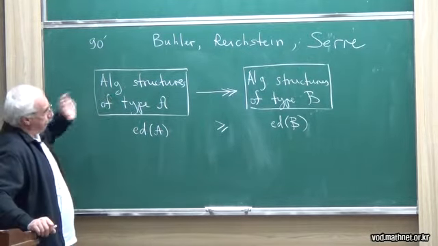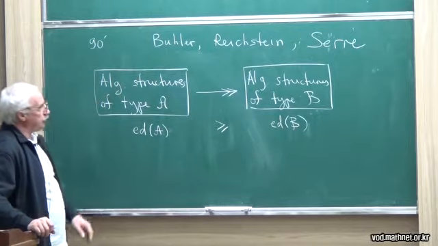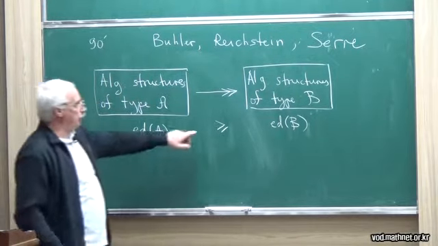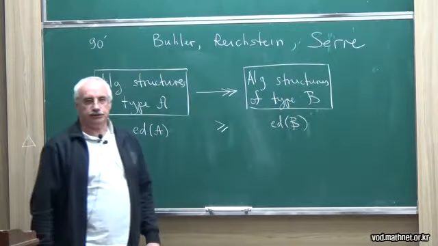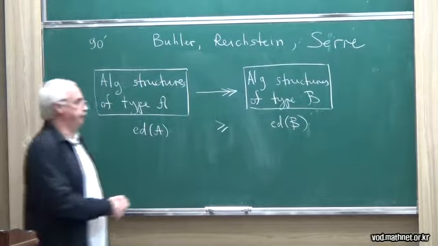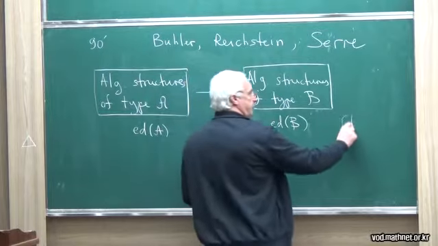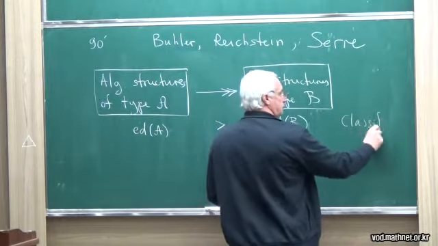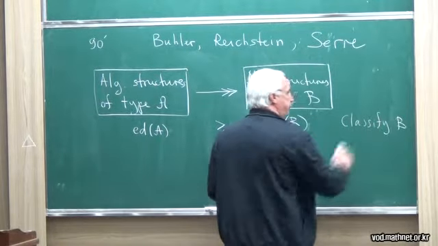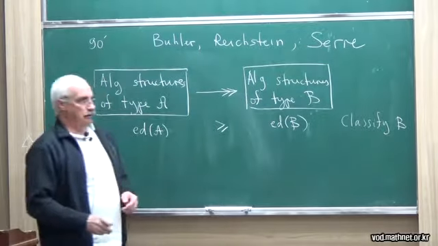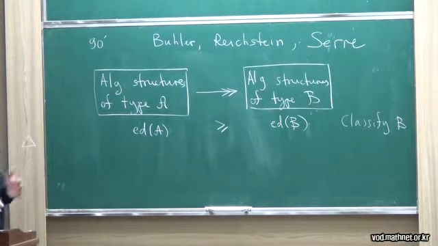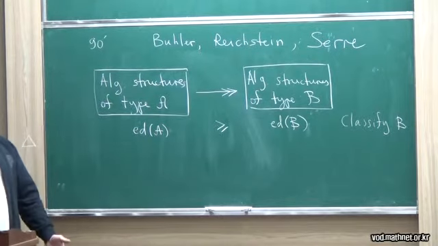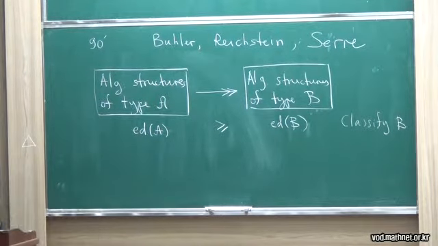Well, now a typical situation is that we work with the structure type B, and we would like to classify the structures of type B. Well, if you want to classify some objects, you just make a list of all possible objects, and this list is the classification.